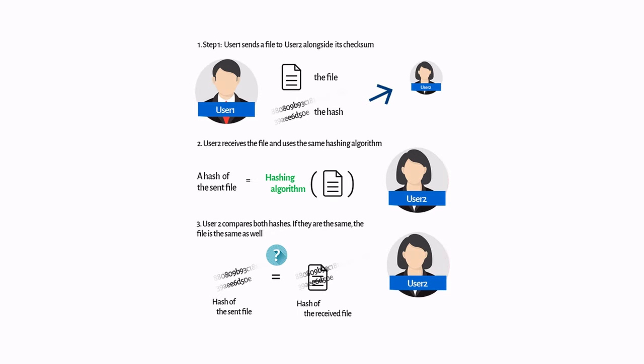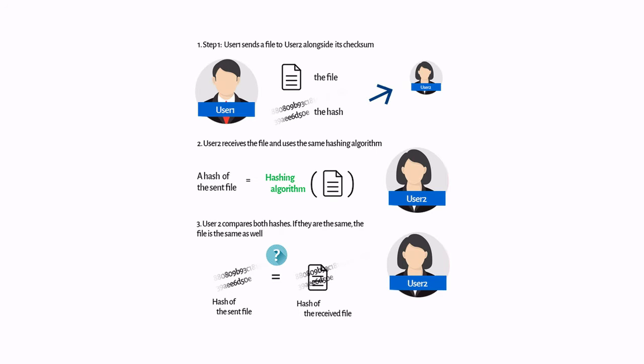Before sending the file, user 1 would use the hashing algorithm to make a checksum for the file, which is just a compressed form that it becomes. Then user 1 would send it alongside the file itself. User 2 would receive the file and the checksum, and she'll use the exact same hashing algorithm that user 1 used on the file.